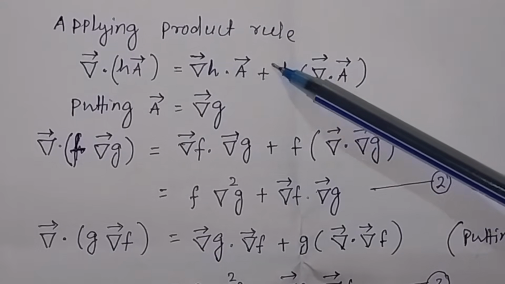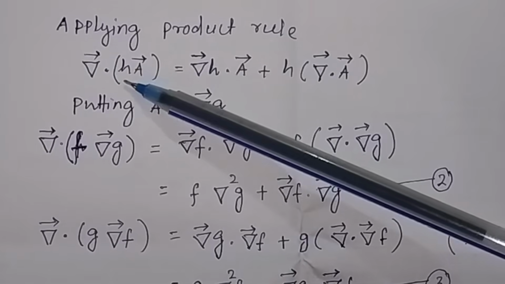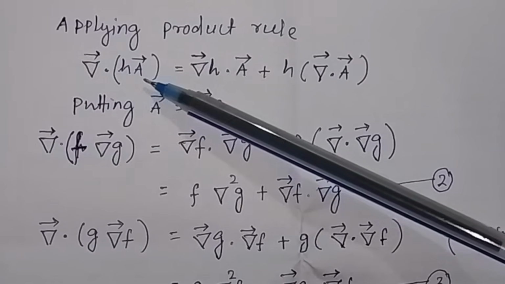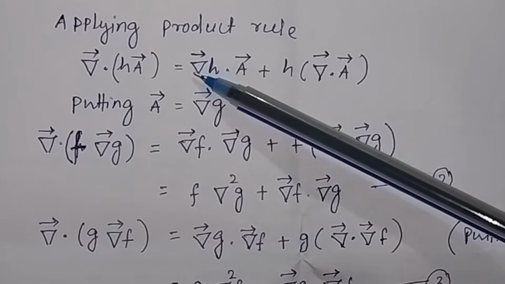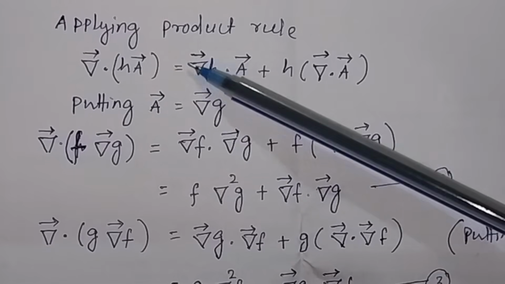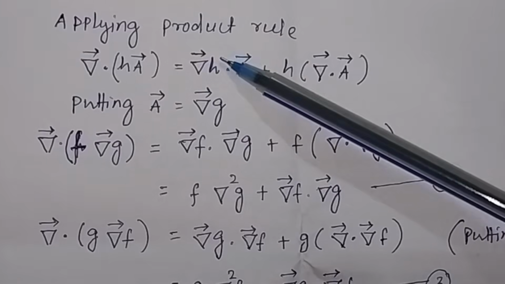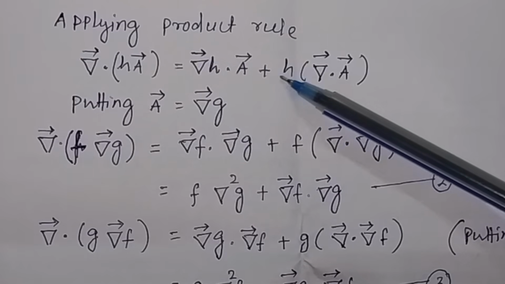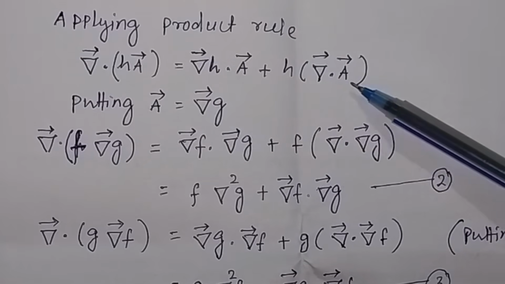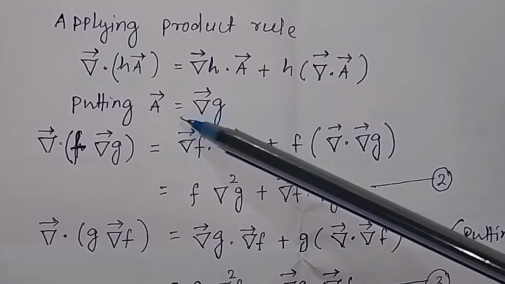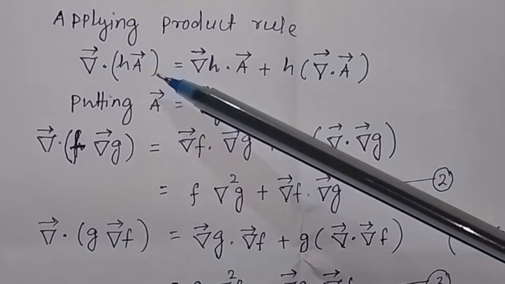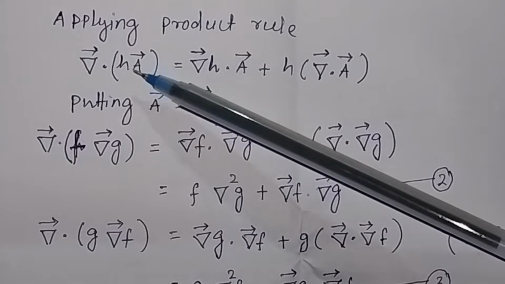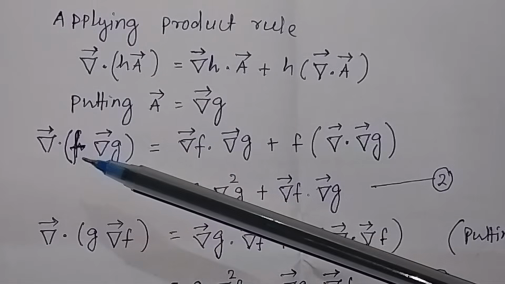Now you apply the product rule. We know that applying the product rule, del dot h A, where h is a scalar and A is a vector, is equal to gradient h dot A plus h times the divergence, del dot A. Suppose you put A equal to del g, that is gradient g, and h equal to f.